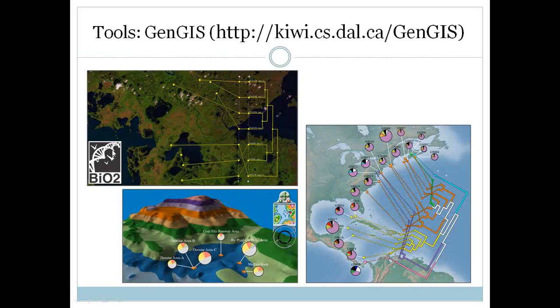So I have a couple of examples here. This is from the Bio2 project, which is currently ongoing up in Wood Buffalo National Park. And there's been a number of samples taken, and we can look at the composition of the samples in relation to both space, and then if you had them over different years, you can look at it across time. They also have an example here from the Sydney tar ponds, where they were looking at the composition of the different samples that they took.